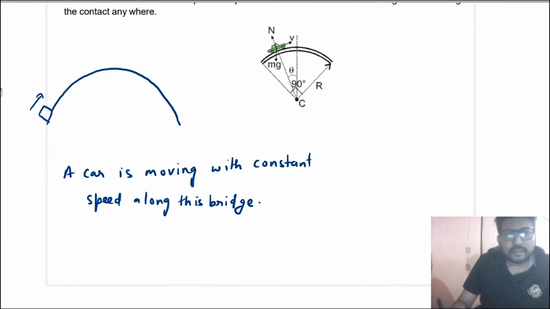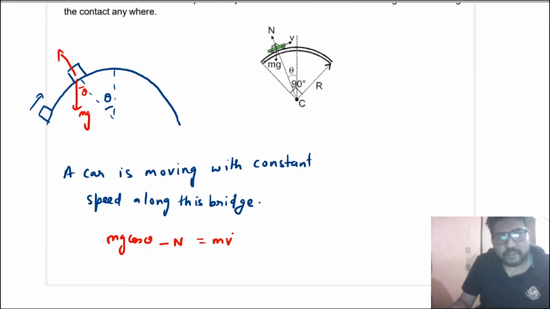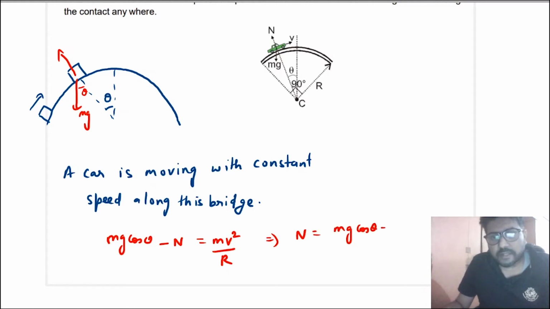Suppose at this situation you are drawing the FBD. This angle is theta from the vertical. Then this is the gravitational force and this is the normal force. You know that there has to be a centripetal force. So you will write mg cos theta, towards the center, minus N is equal to mv square by r. So from this you will get N is equal to mg cos theta minus mv square by r.